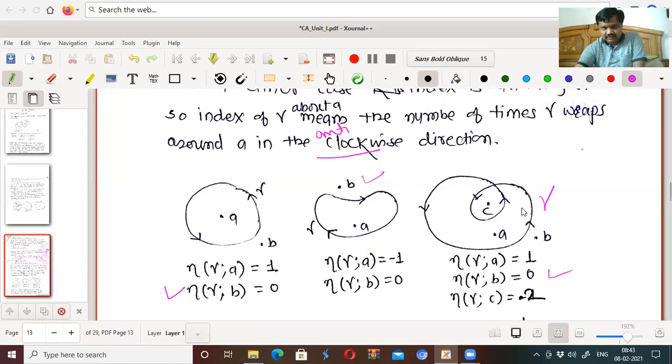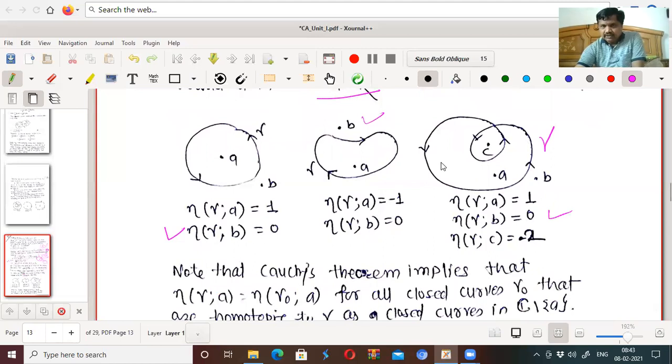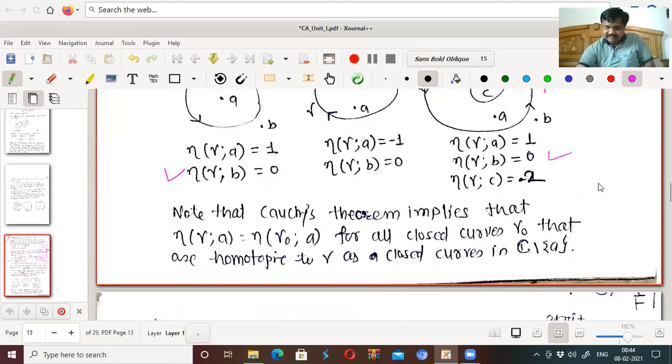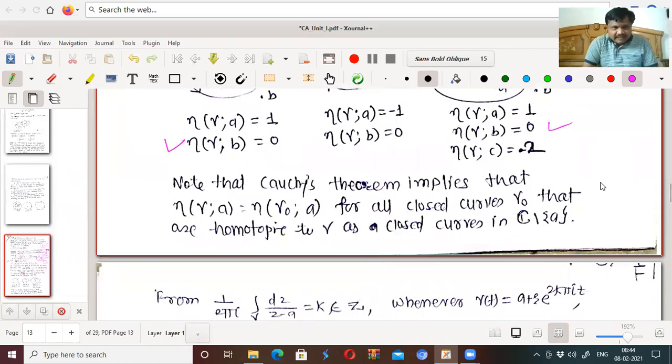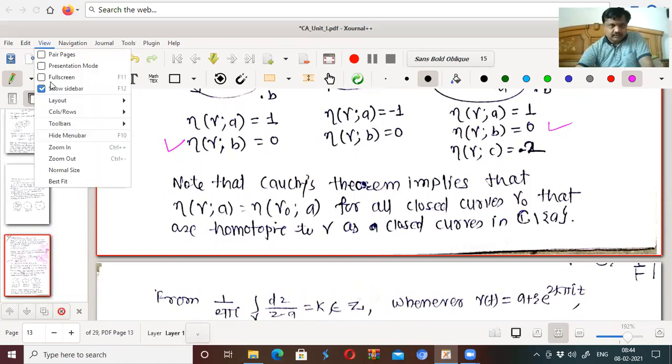So n(γ, C) equals 2, n(γ, A) equals 1, and n(γ, B) equals 0. That is the case. So simply, the winding number is nothing but the number of times the curve wraps about that point.